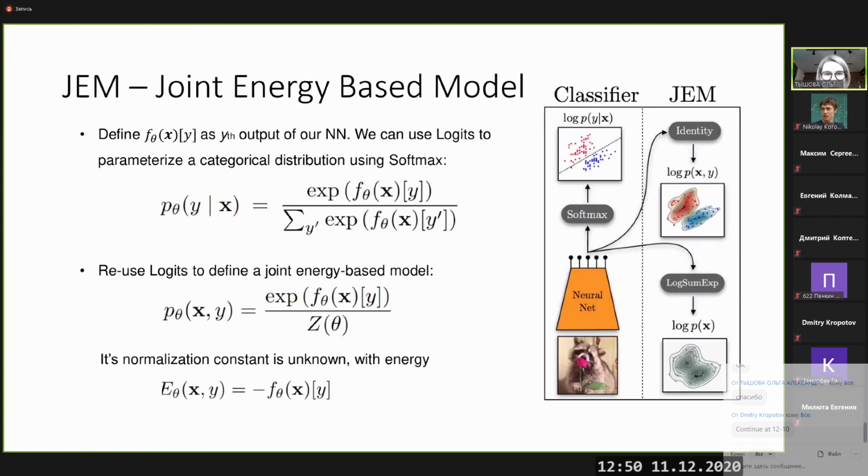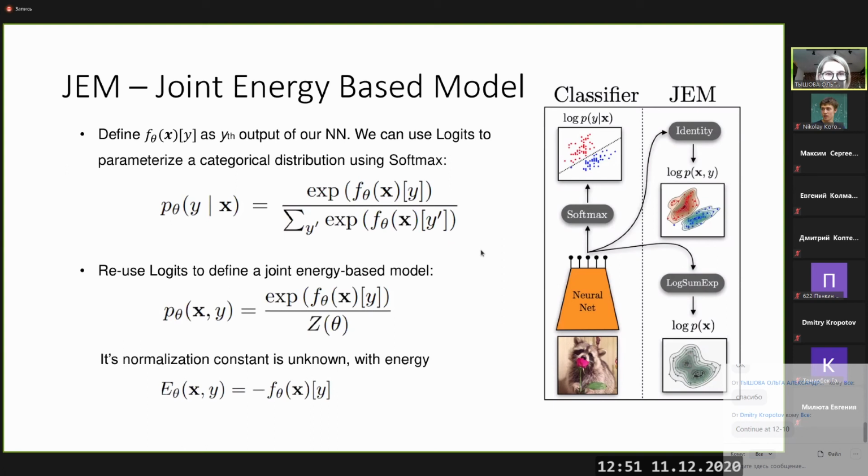And now the authors of the paper, with the help of the energy-based models, came up with the idea that we can reuse the discriminative classifier in order to obtain a generative model. So how have they achieved this?